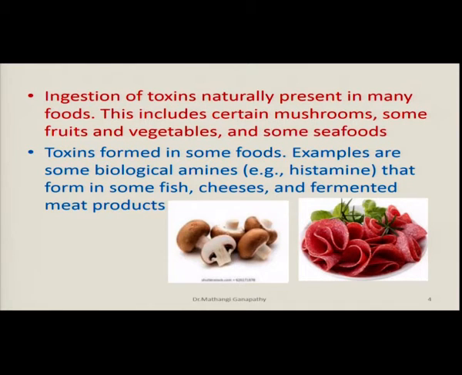If the food is not sufficiently processed, whether by cooking, preservation, or whichever technology we are using, many of these toxins would still be stable and would be able to react with the human intestine, causing gastrointestinal disorders.